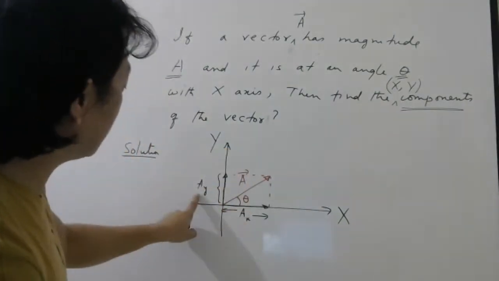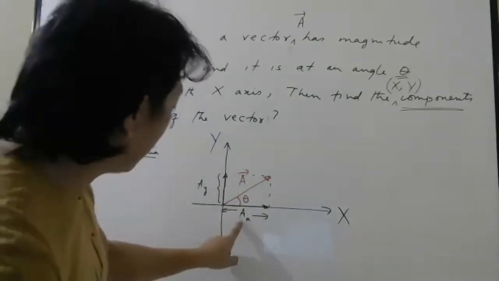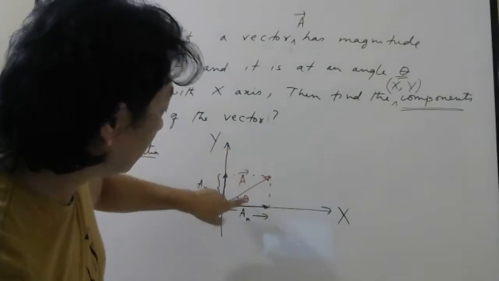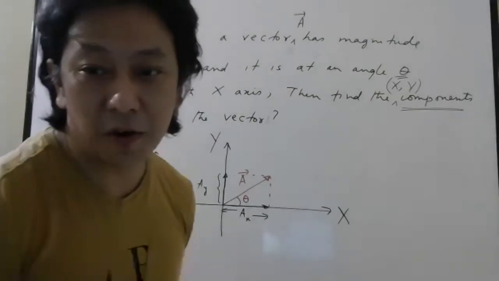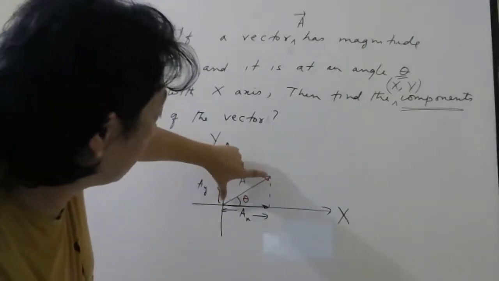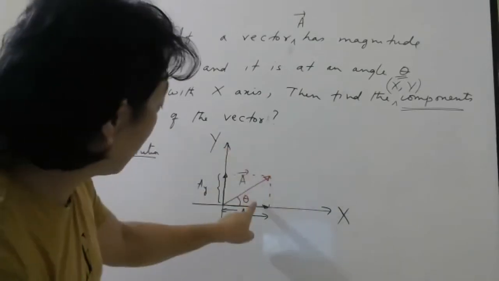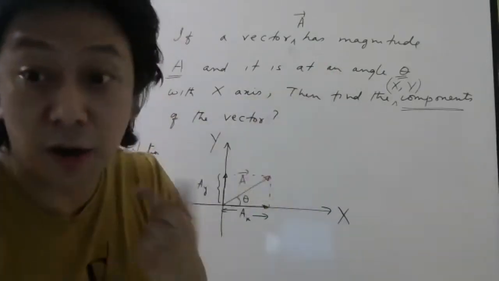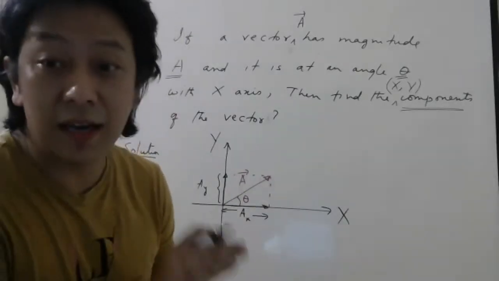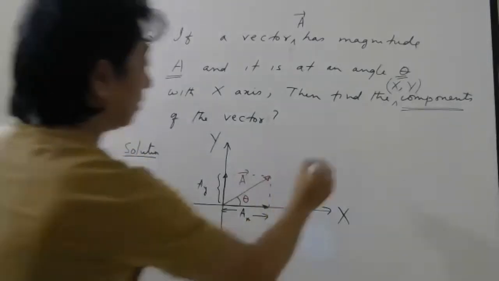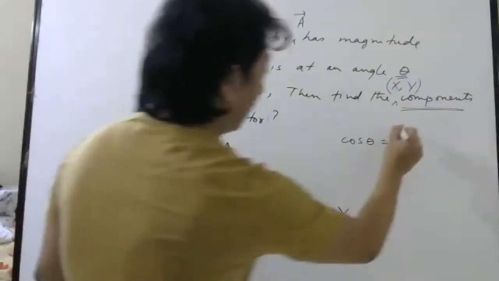Should I use the cos theta formula or the sin theta formula? Please understand, this vector's magnitude is given and this angle is given, and we have to find ax and ay. So we will use cos theta. So cos theta will be what? Adjacent is ax.